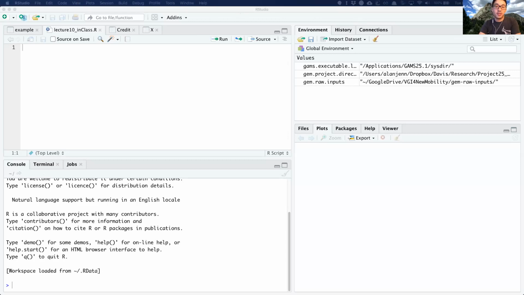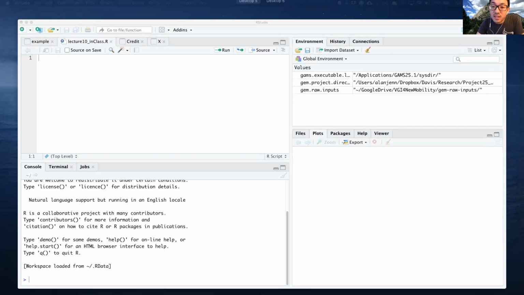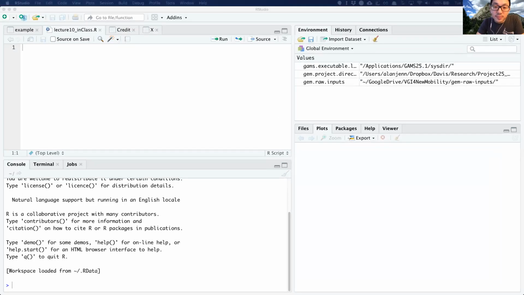One moment. Need to make sure that I have the, oops, didn't move my data set over to the right folder, so give me 1 second.